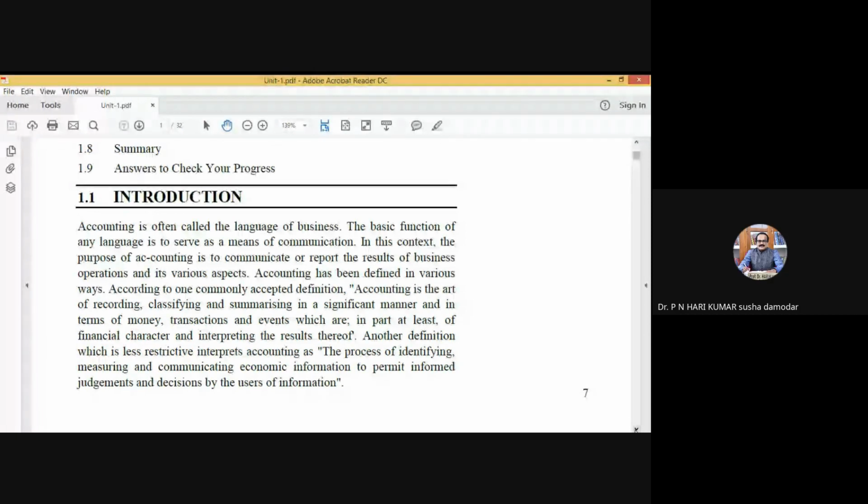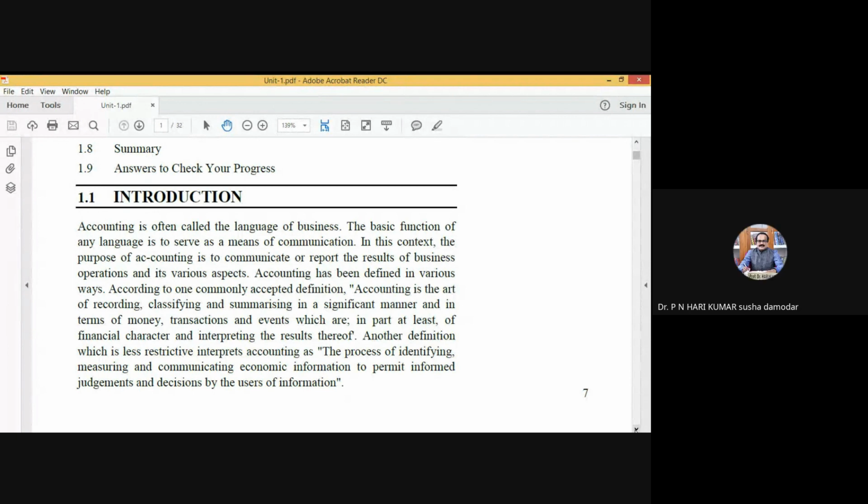Then another definition: process of identifying, measuring, communicating economic information to permit informed judgments and decisions by the users of information. This is something more managerial. The first definition clearly specified that accounting is the art of recording, classifying, summarizing all the transactions which involve cash outlay or cash inflow, and that shall be properly interpreted for getting a result.